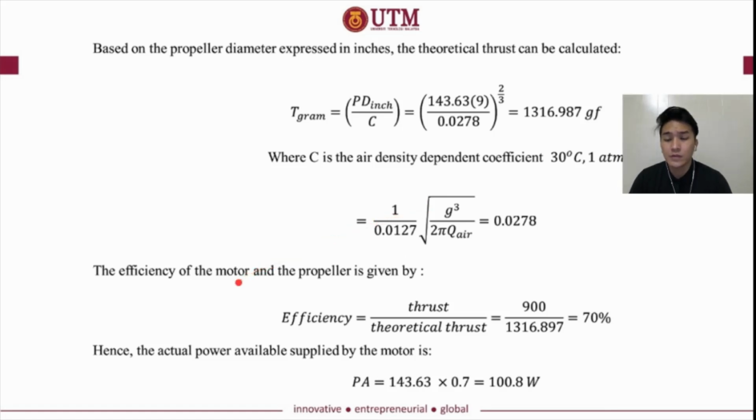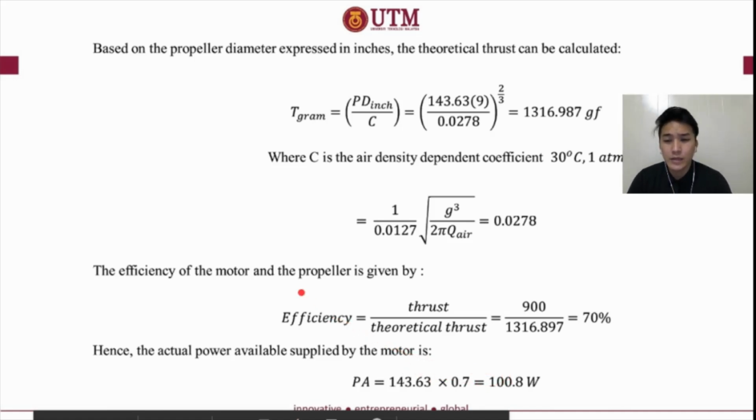As for the efficiency of the motor and the propeller, it's given by the thrust divided by the theoretical thrust. The thrust we got is from the catalog, which we calculate 70% of it, we got around 900, and divided by the theoretical thrust just now, so we got around 70%. Hence, the actual power available supplied by the motor is around 100.8 watt.